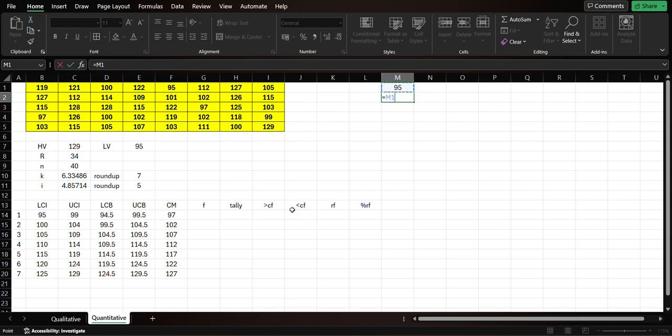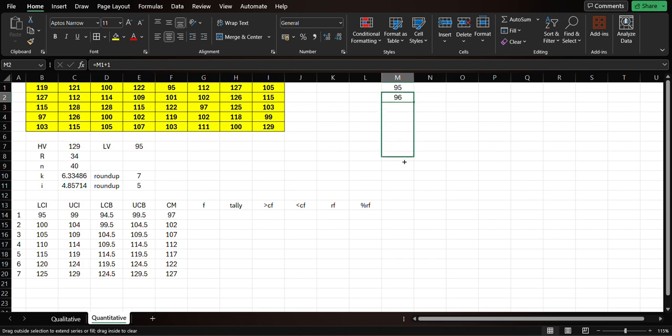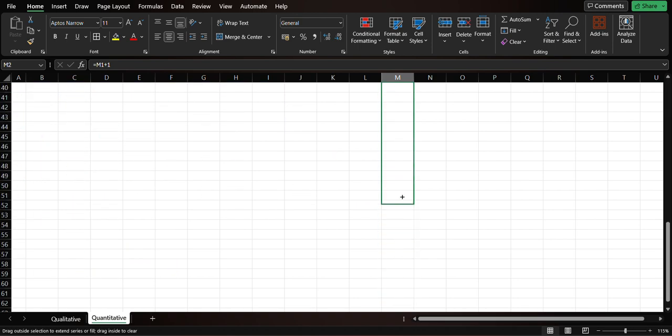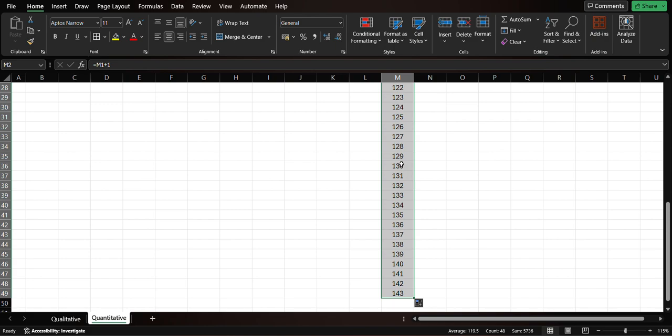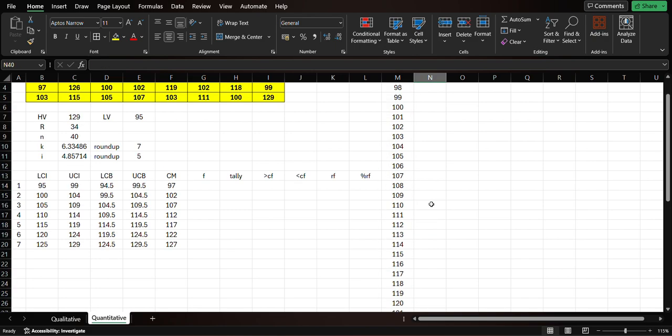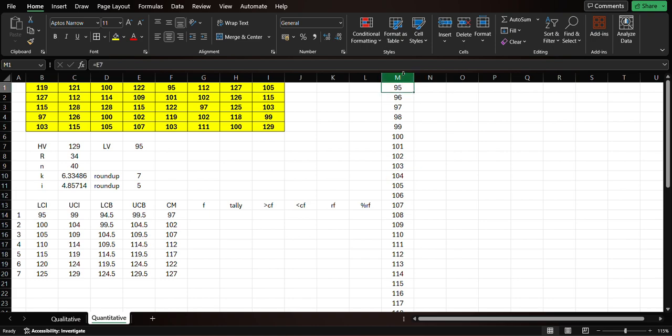Since I'm going to count how many 95s up to 129 are there, on column M, I'm going to start with the lowest value, 95. And then I'm going to do increments of 1, meaning adding 1, 1, 1, 1, 1. So I'm going to drag this down up until I reach 129.